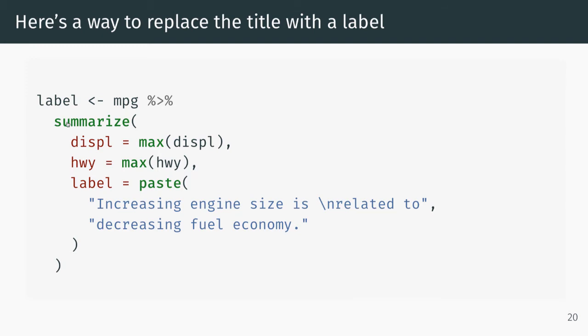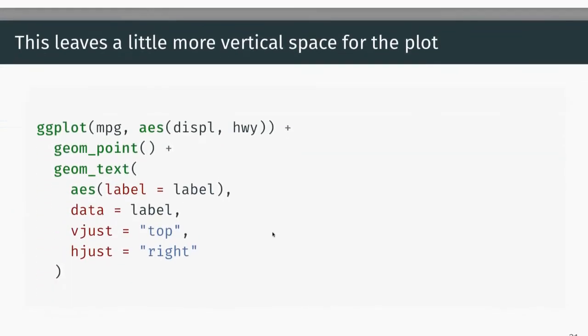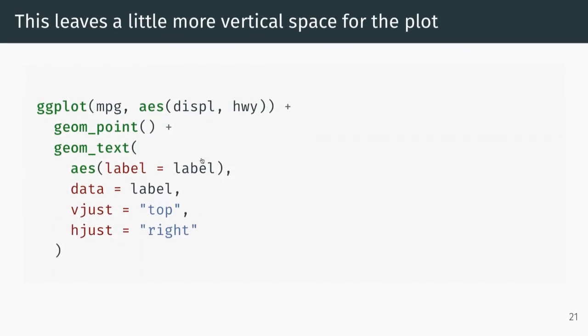So here's a label that looks for a position that's the maximum along the y-axis. So that's the maximum, or no, this is the maximum on the x-axis. This is the maximum on the y-axis. And pastes this label. And I should point out that there's a \n here that's going to break the line of the label after the word is. So now we're going to put the label that we've just created onto a plot that's the same as the plot that we've had before, and we're going to put this in the top right corner.